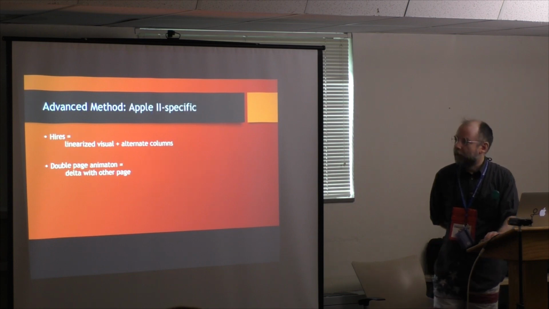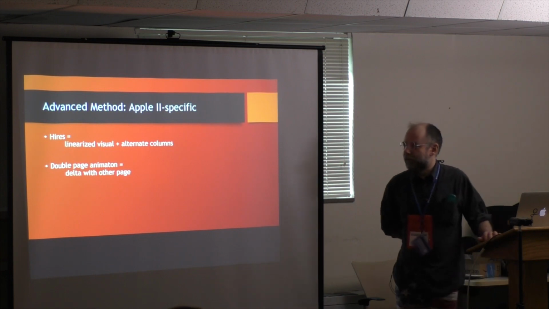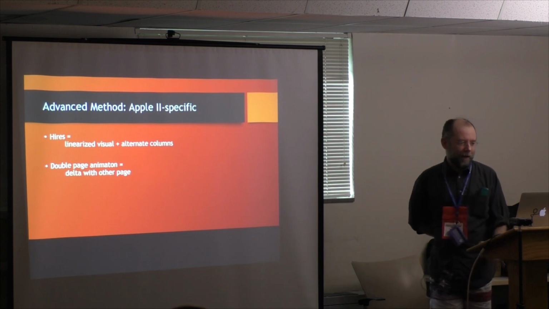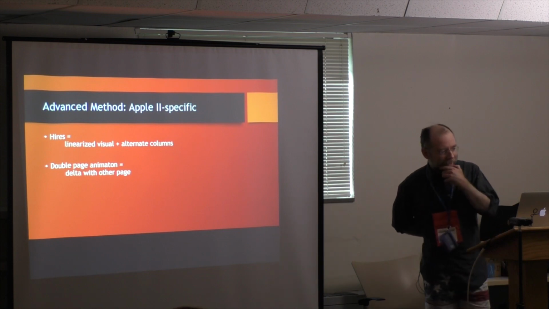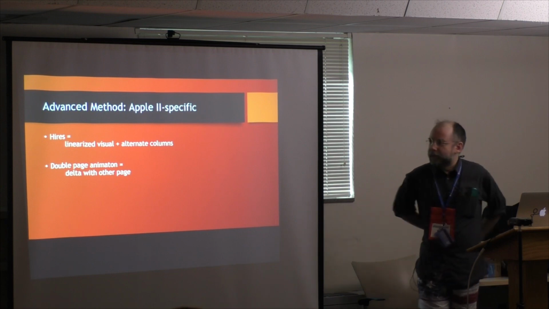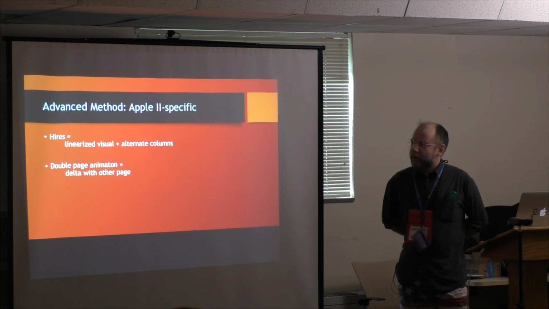Okay, and then we also have some Apple II specific compressions that are based on the wackiness of how high-res and double high-res works. The interesting thing about this is that you're not exactly sure what graphics are being used.